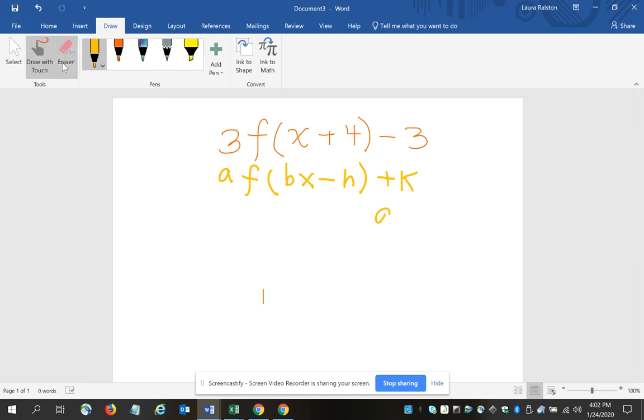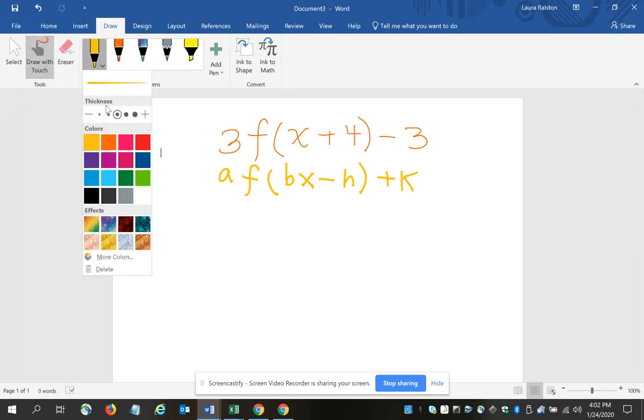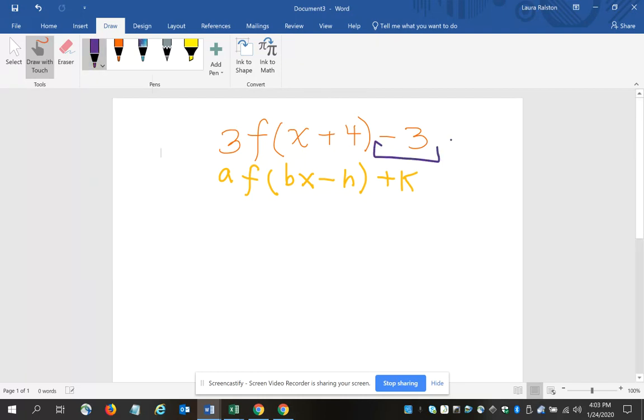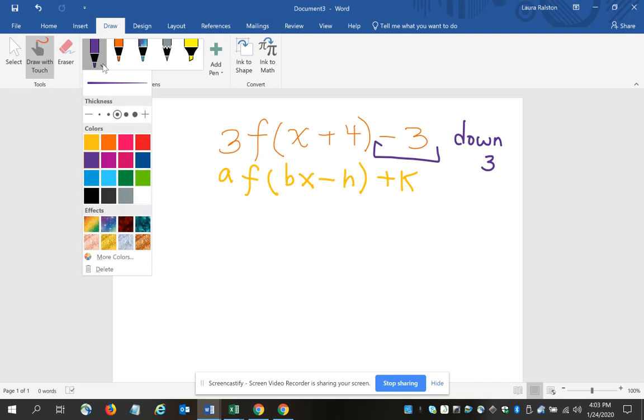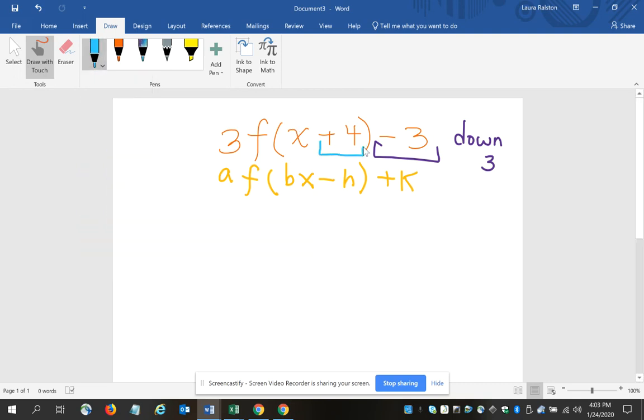Okay, and so we know already, hopefully, that the minus 3 is going to have us go down 3. The h, which is inside the parentheses, this plus 4, you do the opposite. So it's going to have me go left 4.